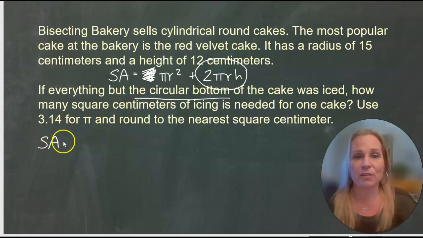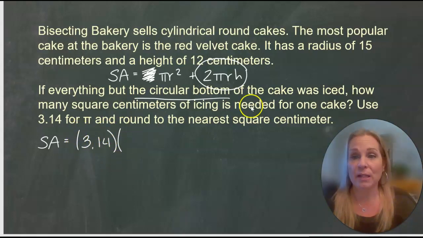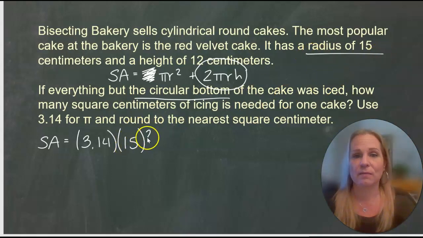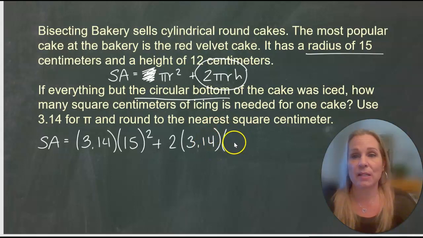So the surface area for this problem, we're going to do pi r squared, right, the first part. So that's going to be 3.14 times the radius, 15. And then the second part of my formula is 2 times pi times the radius times the height.